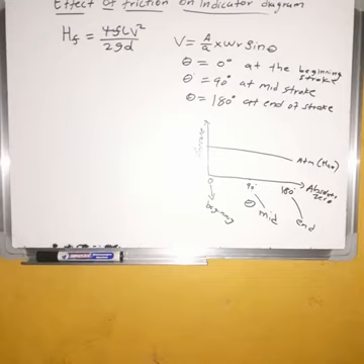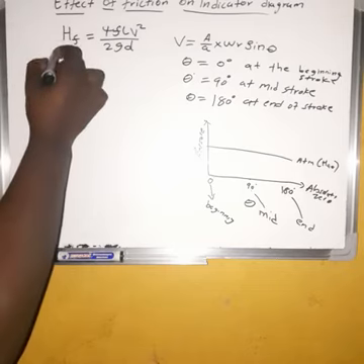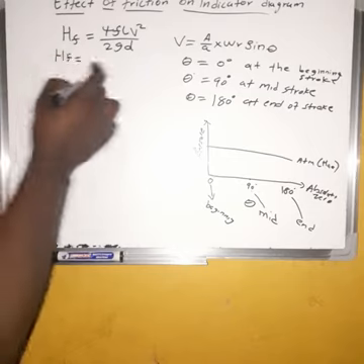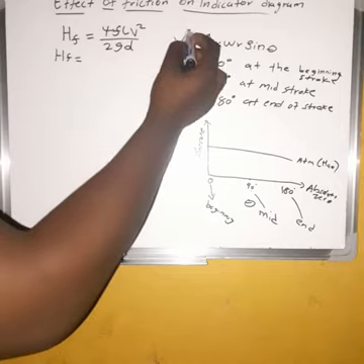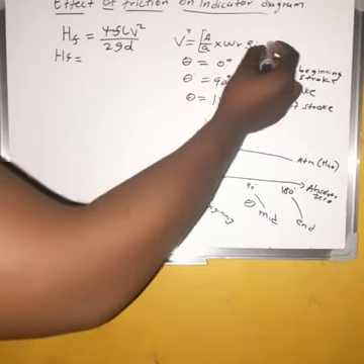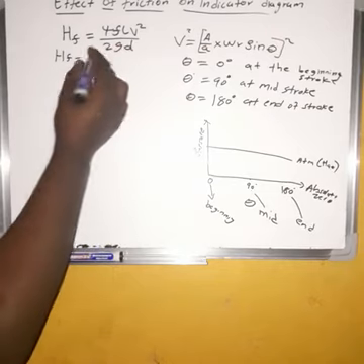So remember, since we know this, HF you will replace. Now we have squared here, so you're supposed to square even this one.